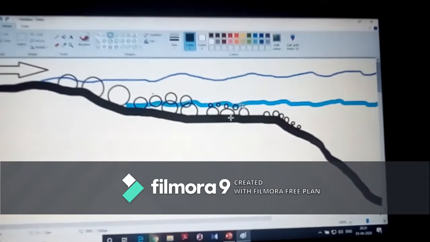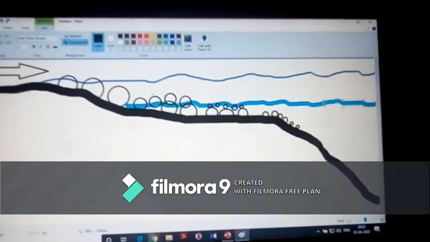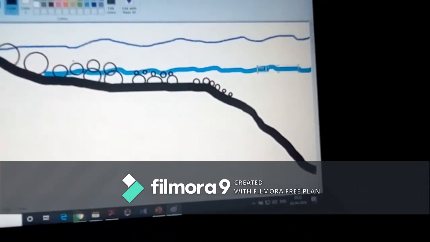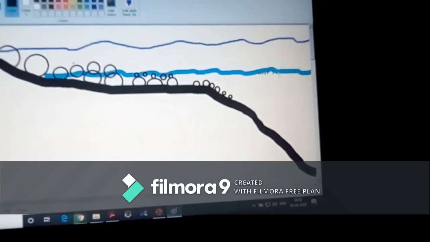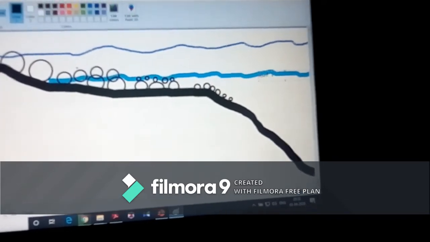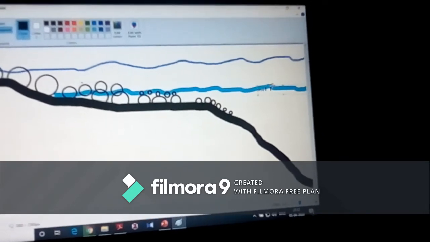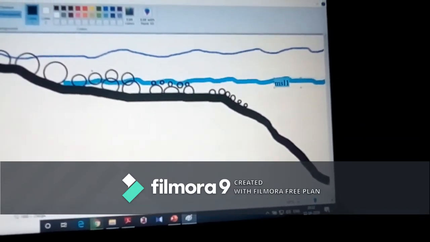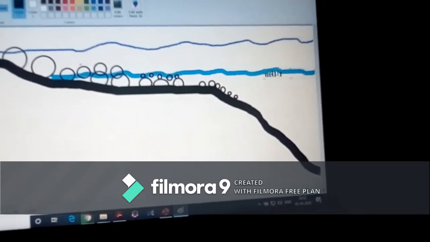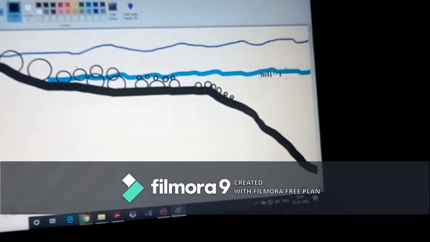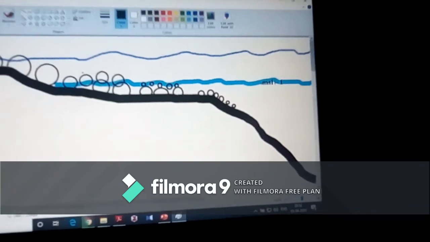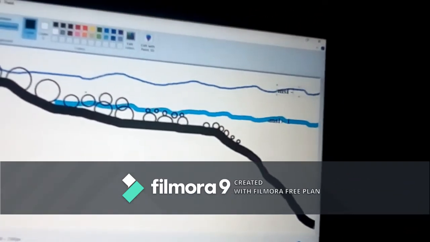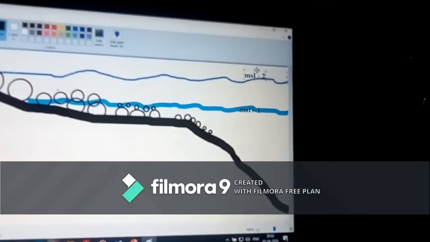This is MSL1, and above is MSL2. Okay, so this is MSL2, that means mean sea level.